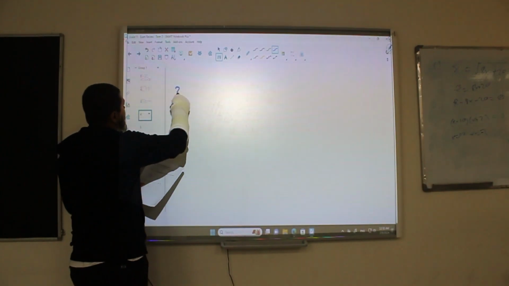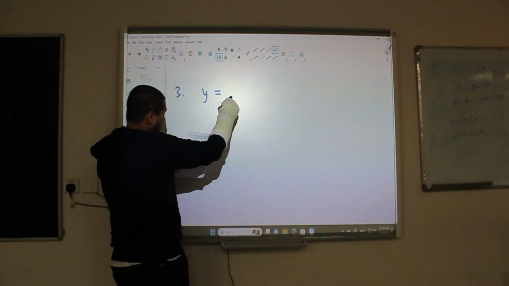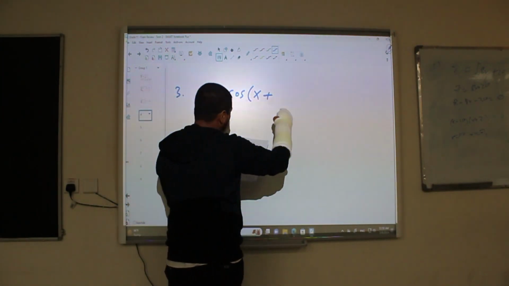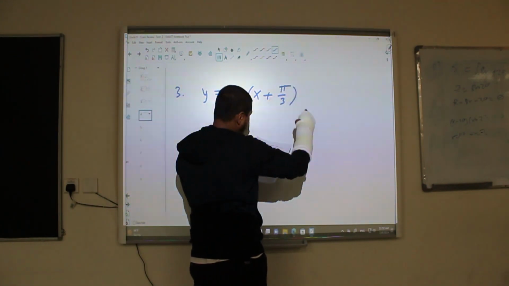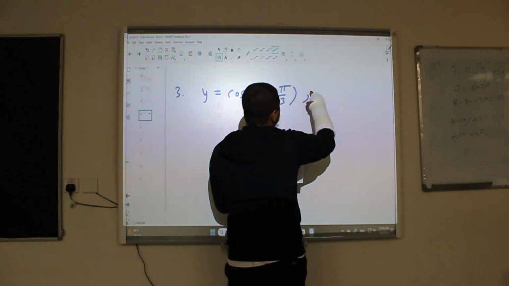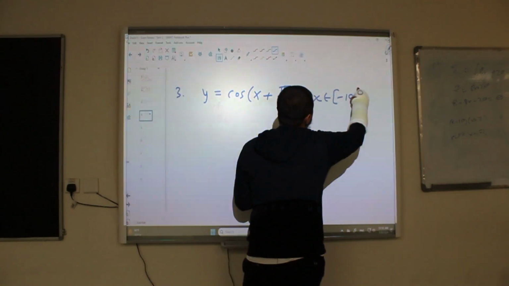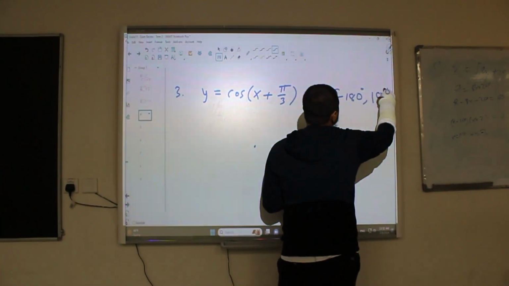Question 3 says you need to sketch a graph, which is y equals cos of x plus pi by 3, where x is from -180 to 120 degrees.